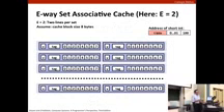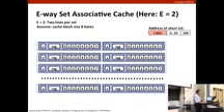Okay, so this is the reason why caches have higher associativities, higher values of E. For values of E greater than 1, we refer to them as E-way set associative caches.